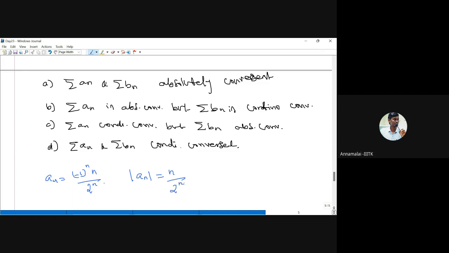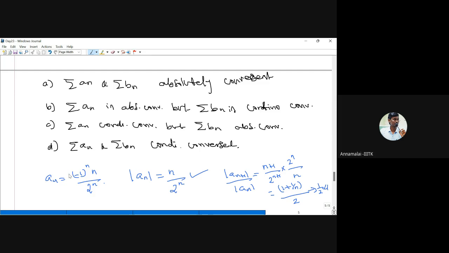Now check whether this converges using the ratio test: modulus of a(n+1) by modulus of an is (n plus 1) by 2 power (n plus 1) into 2 power n by n. We cancel everything and get 1 plus 1 by n, divided by 2. This goes to 1 by 2, which is less than 1. Therefore this converges, and the given series an is absolutely convergent.